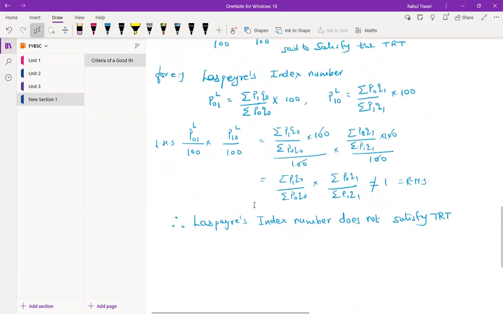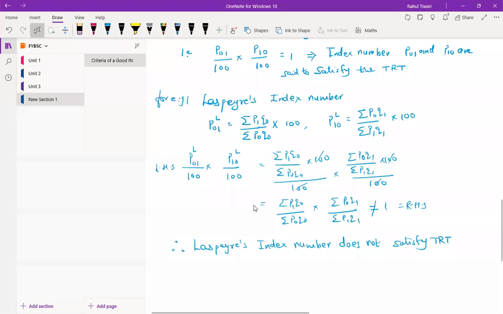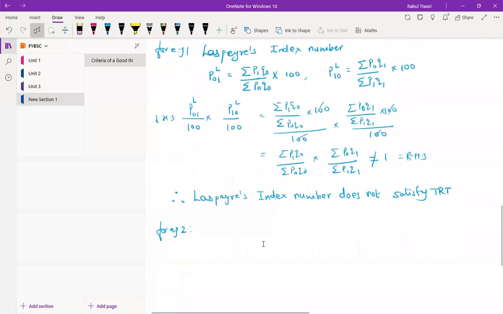This is example number two. So whether Fisher index number, or I will say that to show that Fisher index number satisfies TRT.